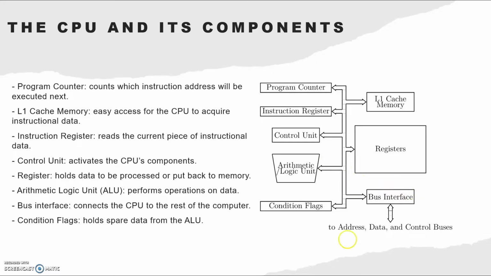All these components are connected with a bus interface, which is a collection of circuitries that connects the CPU to other parts of the computer, like memory and input-output devices. Finally, in association with the ALU, we have the condition flags, which are used to hold such things as carry flags and extra data from the results of arithmetical operations from the ALU.